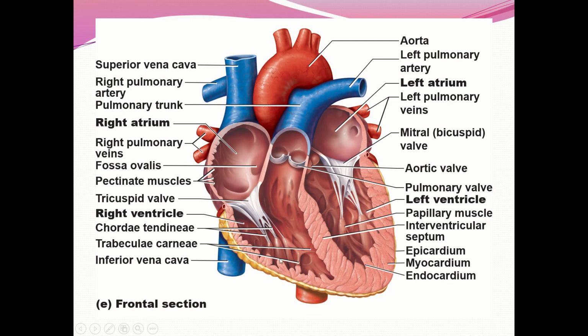Once the ventricles contract, the blood will then go through the pulmonary valve, and this is a semilunar valve because it's kind of a half moon shape, and it will go into the pulmonary trunk and then branch into the left and right pulmonary arteries. Notice that the color is still blue because the right ventricle is pumping deoxygenated blood into the pulmonary trunk, which goes to the pulmonary arteries.